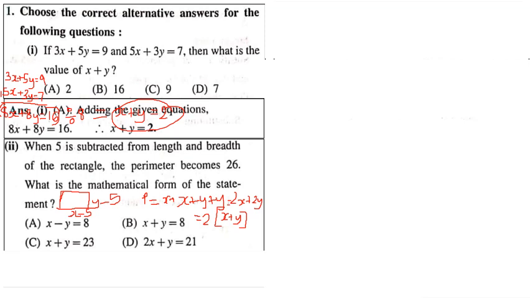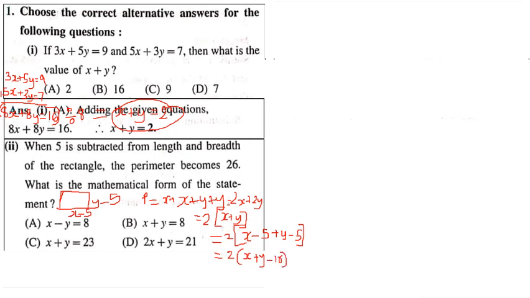We have subtracted 5 from both length and breadth. So what is going to happen? 2 is common outside. It will be x minus 5 plus y minus 5. So from both length and breadth we are subtracting 5. 2 is already outside. Inside we will have x plus y minus 5 becomes minus 10.